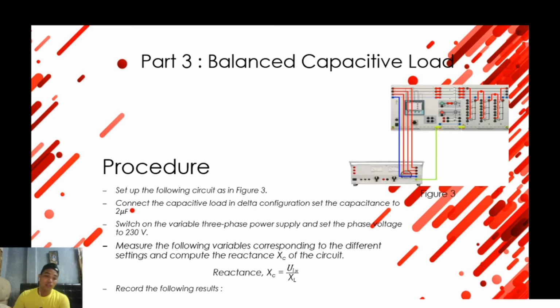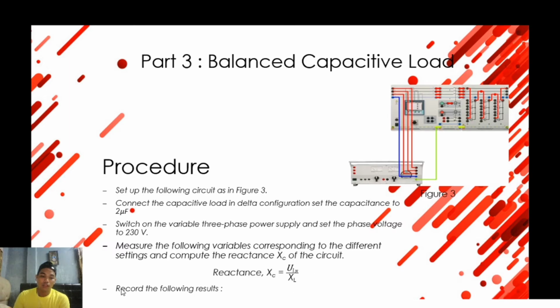The fourth procedure is to measure the following variables corresponding to the different settings and compute the reactance XC of the circuit, where the formula for the reactance XC is equal to U line 1N divided by IC.